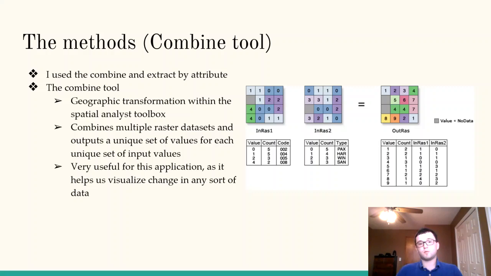So basically, we are giving GIS two unique inputs, and it's giving us a unique output. This allows us to do very effective, very detailed change analysis over years or over months or however we want to do it. This is very useful for this application as it helps us visualize change in any sort of data.